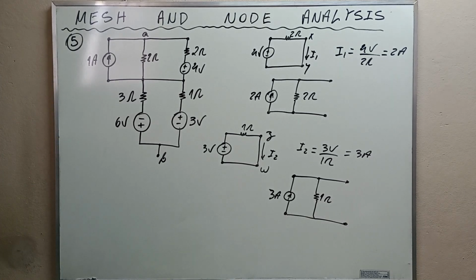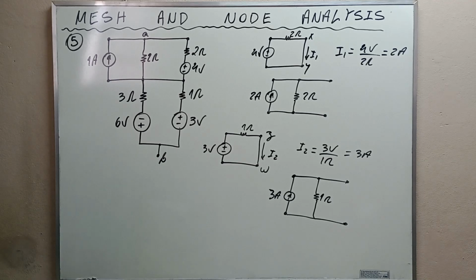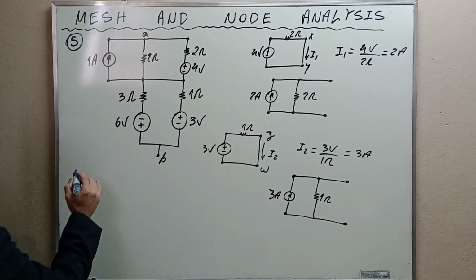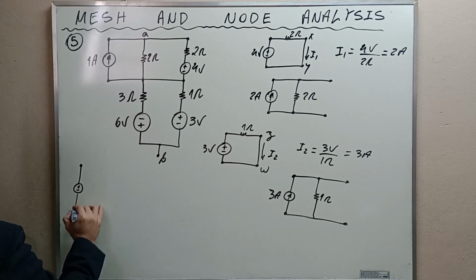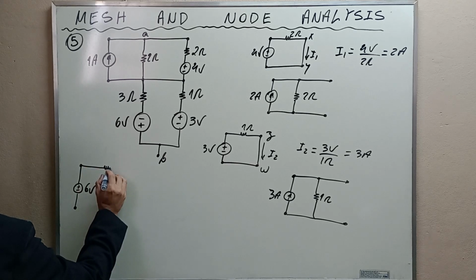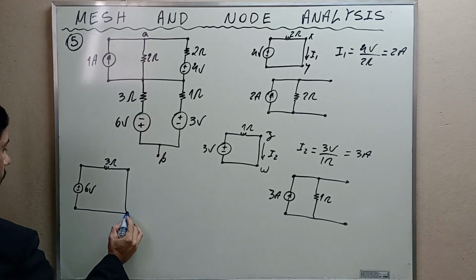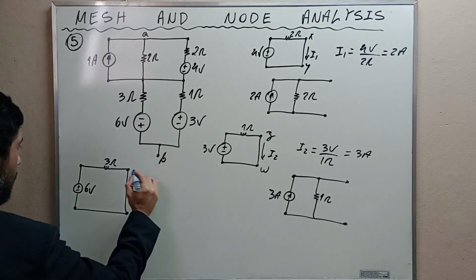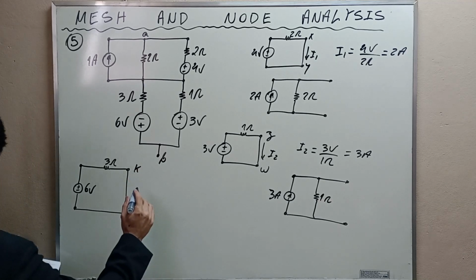Likewise, we are going to do it for this voltage source. The voltage source will be here, 6 volts, 3 ohms, and here the output terminals short-circuited.